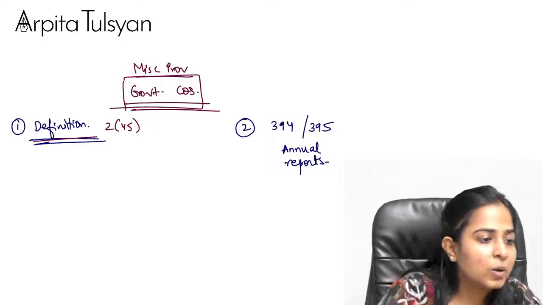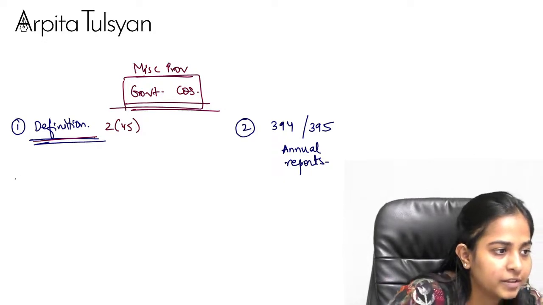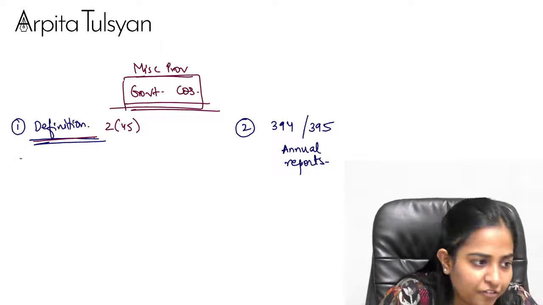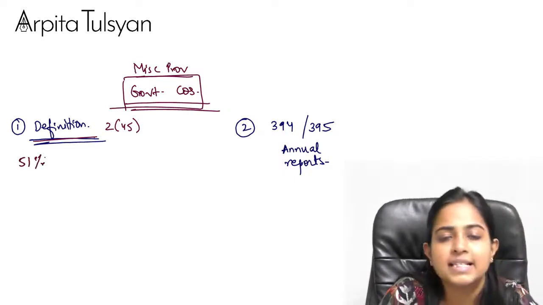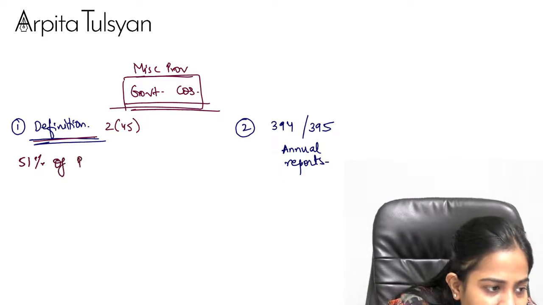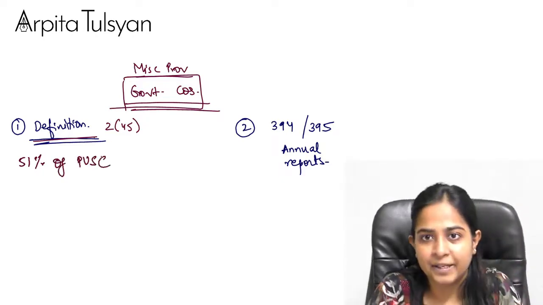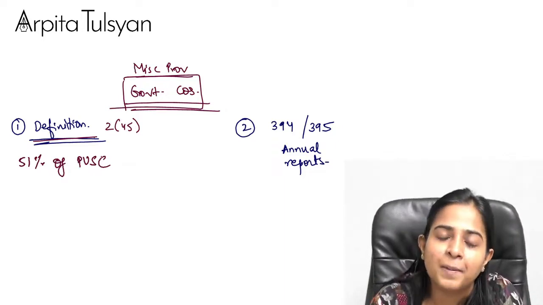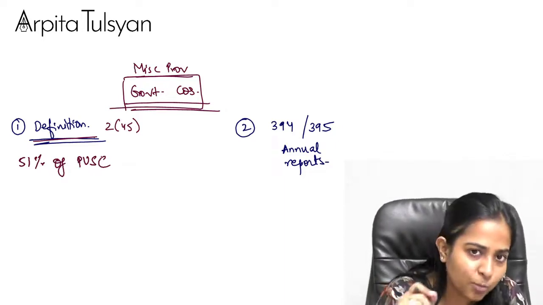Now just try to understand the wordings here. Any company in which not less than 51% of the paid up share capital. I did not use the word paid up equity capital. I use the word paid up share capital, which means equity and preference both are included.